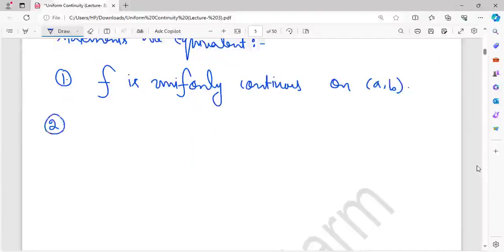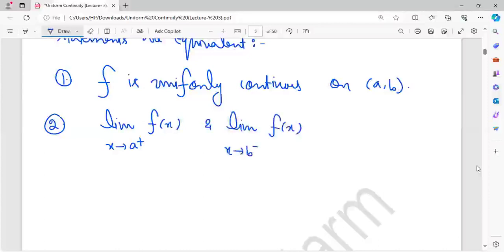Second one, the limit as x tends to a plus of f(x) and the limit as x tends to b minus of f(x) exist.